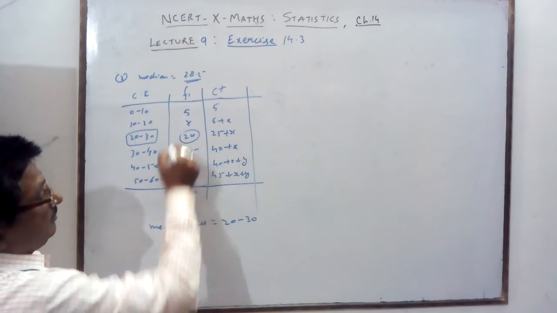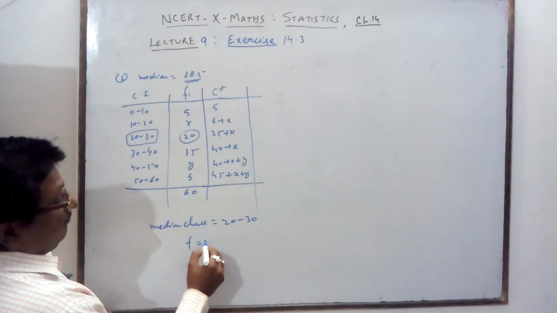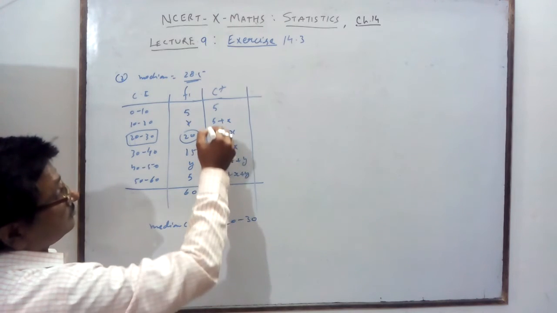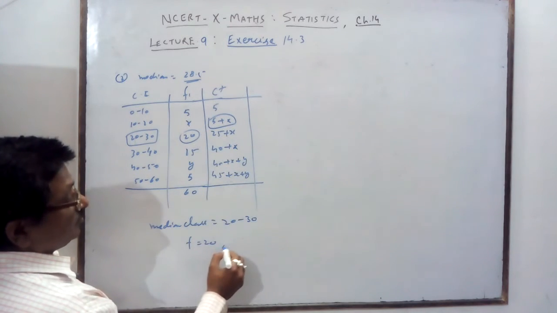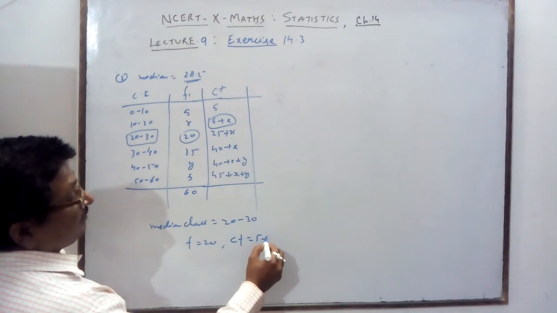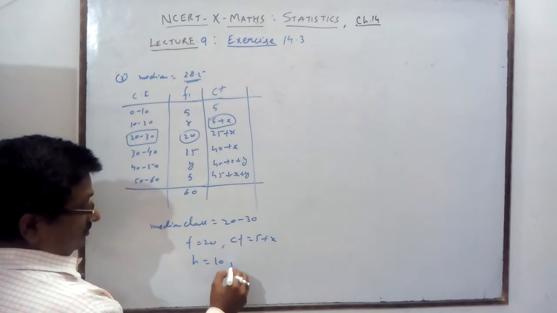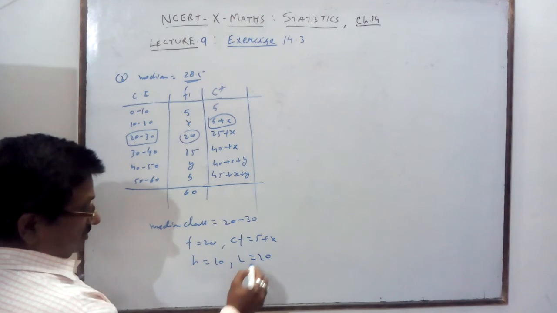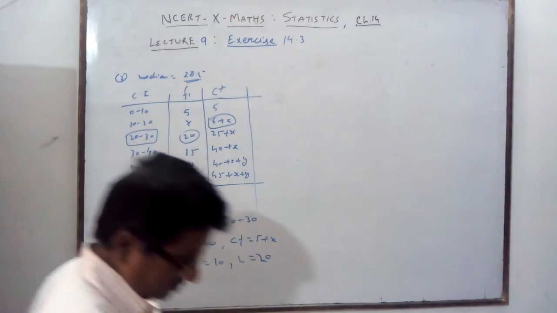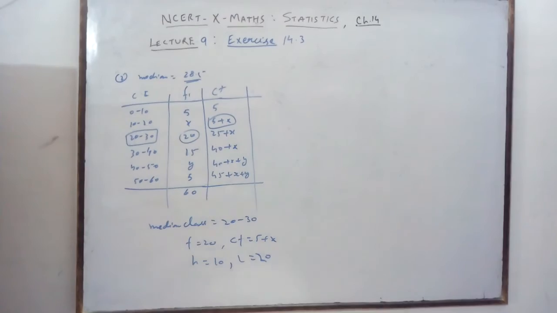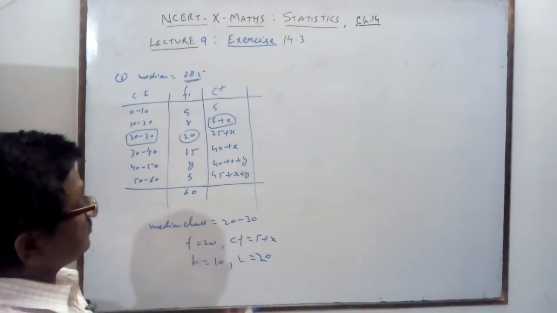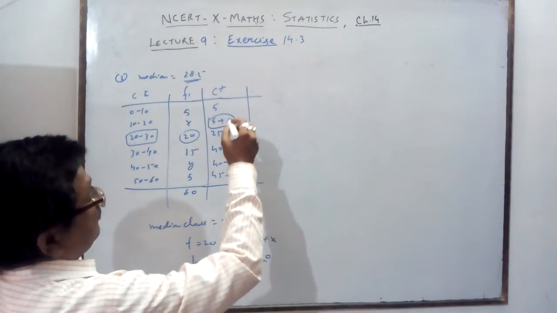So F will be 20 and CF, which is given 5 plus x, H is equal to 10, N is equal to 60. By this you will calculate median class.